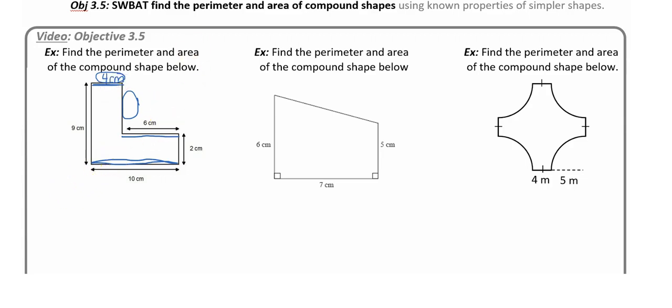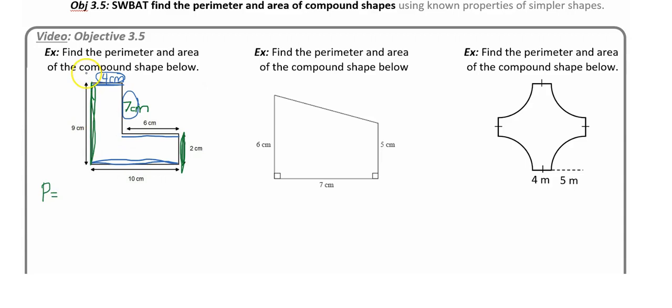And then we can look at the vertical distance to help us get the other dimension. If this full vertical distance is 9 centimeters and there are only 2 centimeters here, that means this piece has to be 7 centimeters. 2 plus 7 is 9. Okay, so we have everything we need for perimeter.